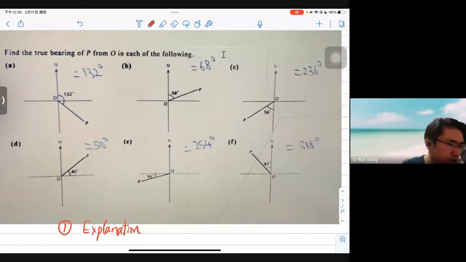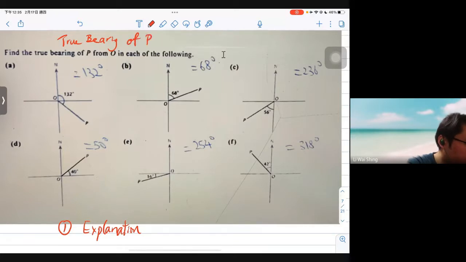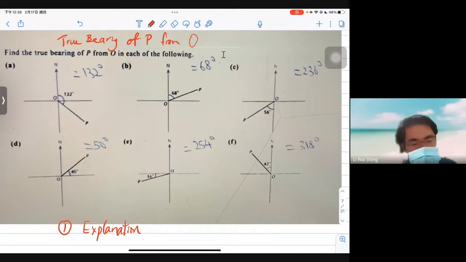Okay, for example, this is the true bearing because you need to locate the position. You need to identify the position where you are and which position you're looking at. So you need to identify the true bearing of P from O, but almost all of you did not write that, but it's not important.